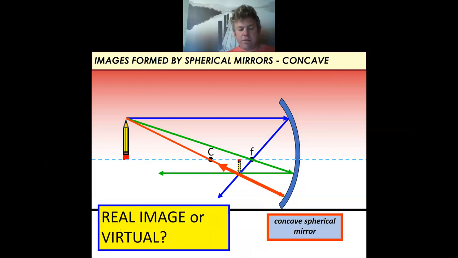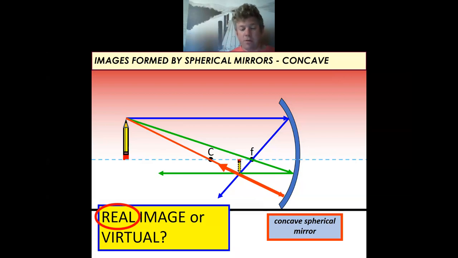All right, so then we ask the question, which you already saw the answer to. Is this a real or virtual image? This one should be real. If the light actually goes through it, if the light actually hits this after it bounces off of the mirror, then that is a real image, meaning that it actually does form.